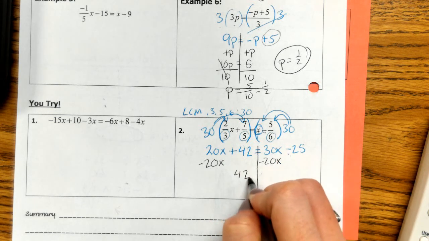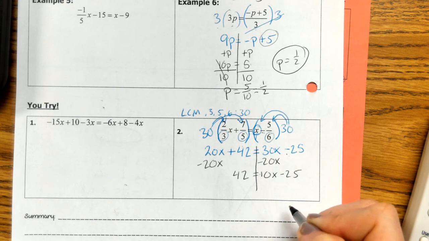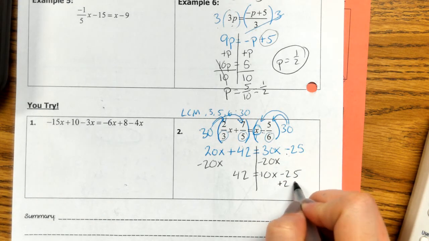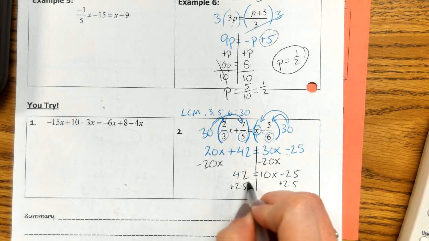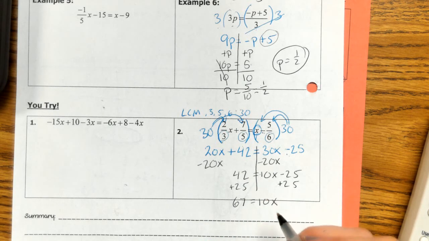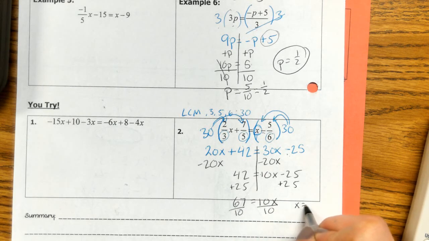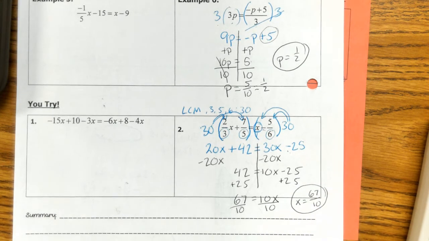So I have 42 equals 10x minus 25. Add 25 to both sides. 67 equals 10x. And divide both sides by 10. X equals 67 over 10. And we're going to leave it like that. Don't write 6.7. Just leave it at 67 tenths.